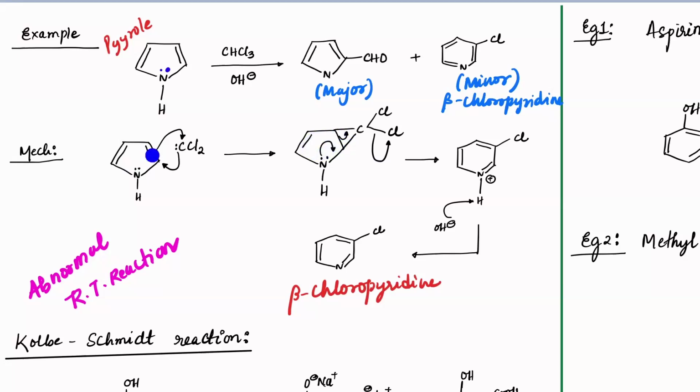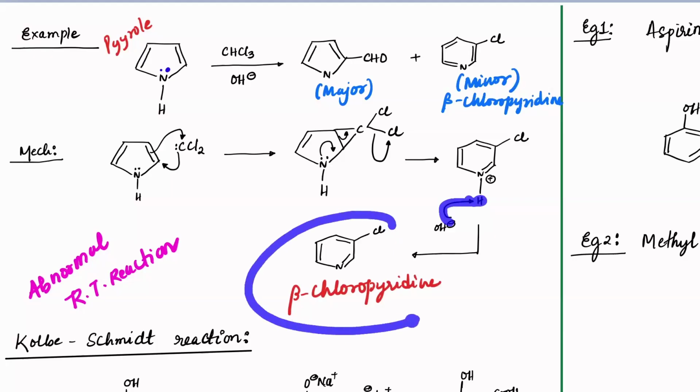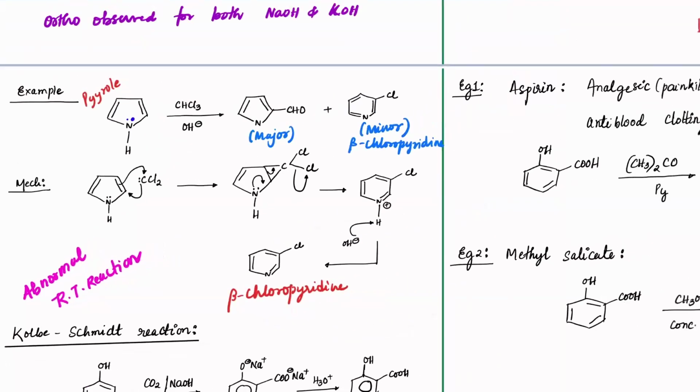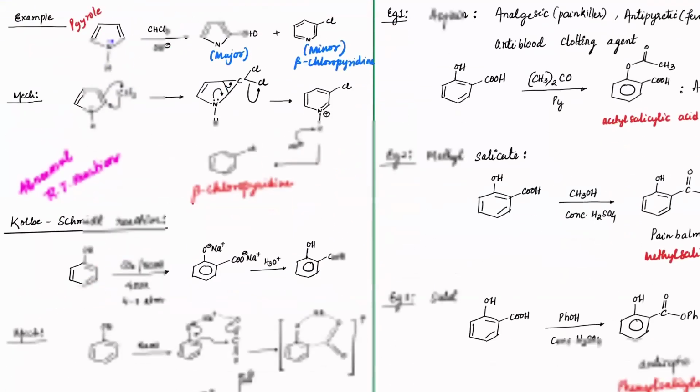Therefore, this pi bond can be directly added onto CCl2 like this. And then the lone pair on nitrogen will push it. This bond will break, and you will get this into the chloropyridine case. And that OH minus can take H plus, and finally we'll get this as beta chloropyridine. So this is the abnormal Reimer-Tiemann reaction.